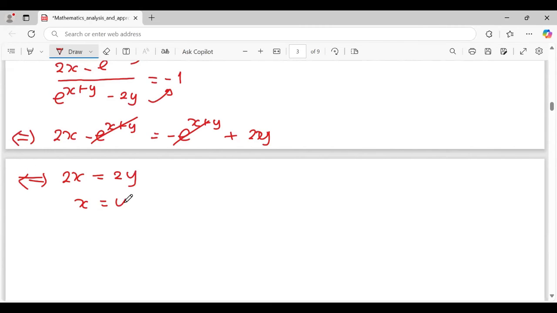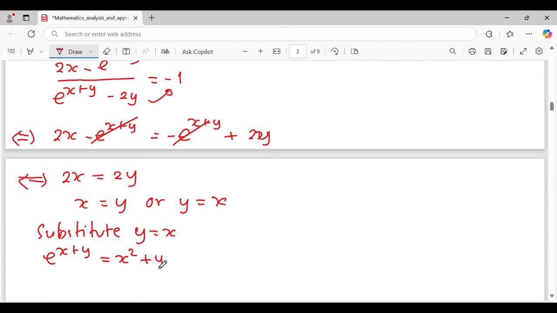So x equals y. Now we are going to substitute y equals x into e power x plus y equals x squared plus y squared.